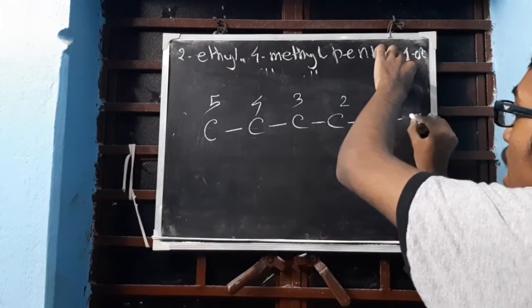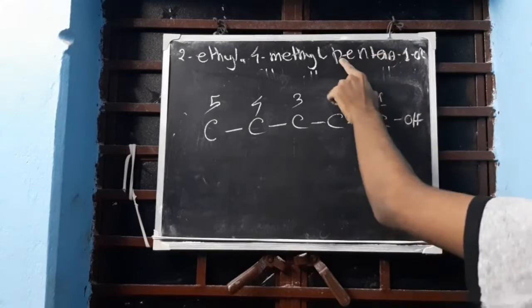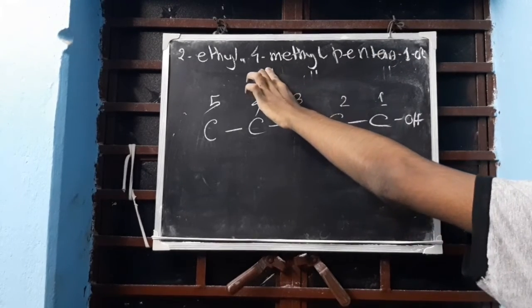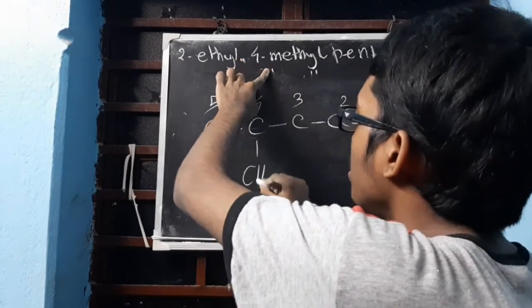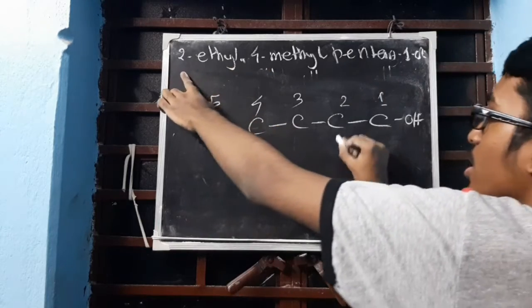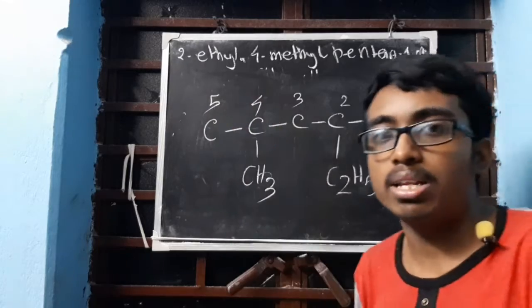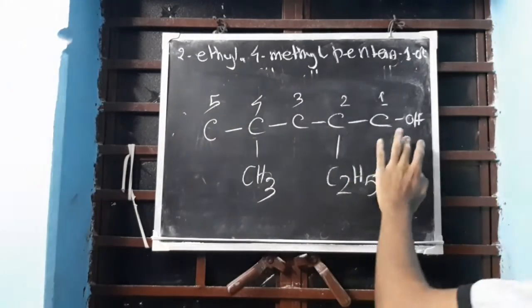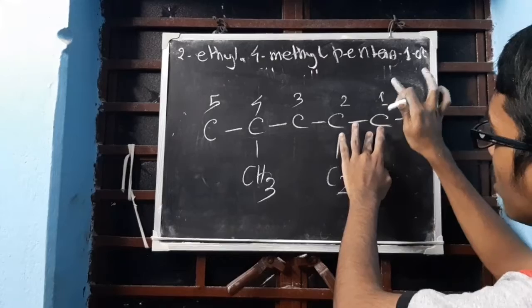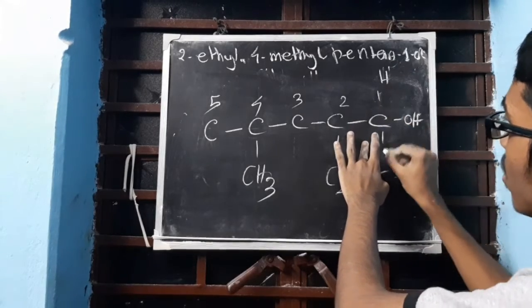Number 1, added OH temporarily. Next, pentane, we do not add anything. 4 methyl, where is 4? Here, added CH3. Then it says 2 ethyl, ethyl over here, C2H5. Now everything is added. Now satisfy the remaining valencies. Here 1 valency done, 2 done. How many more? 1 hydrogen, 1 hydrogen.